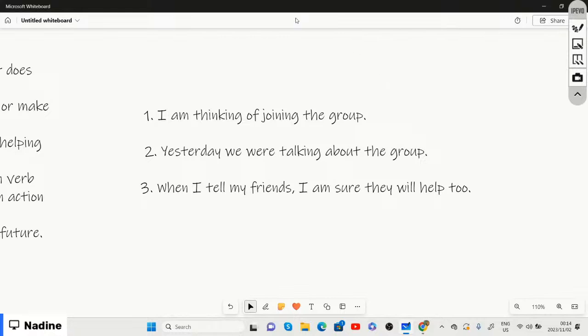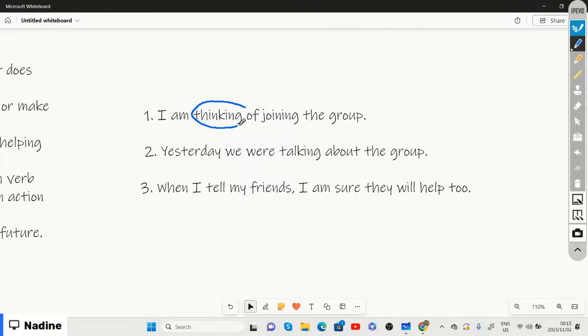All right, so if we identify the main verb, I'm going to use blue for the main verb, and I'm going to use red for the helping verb. So if we identify the main verb, then yes, the main verb is thinking. I'm going to circle thinking. Something that you're doing, right?